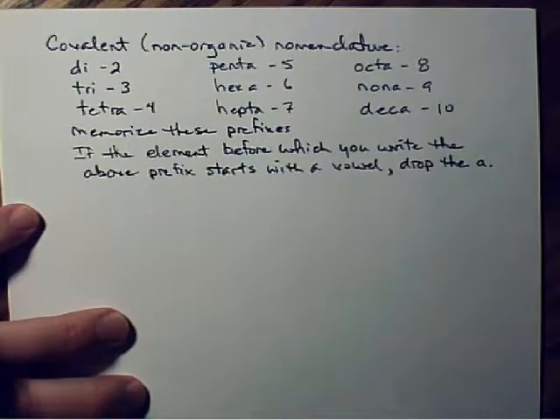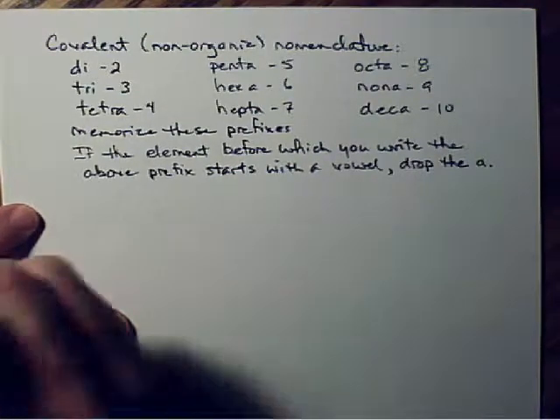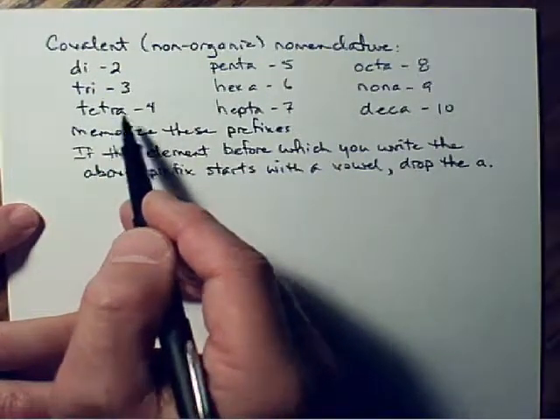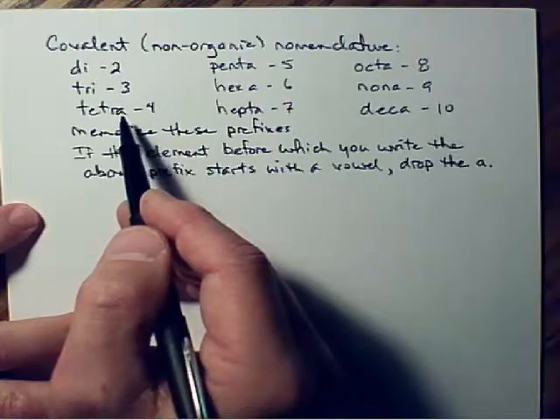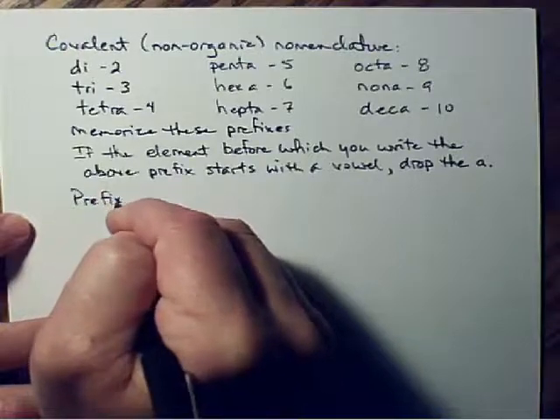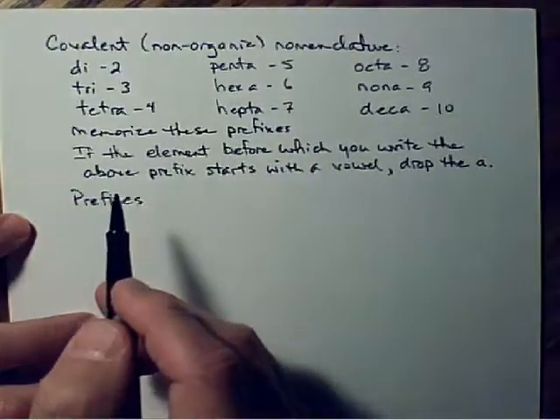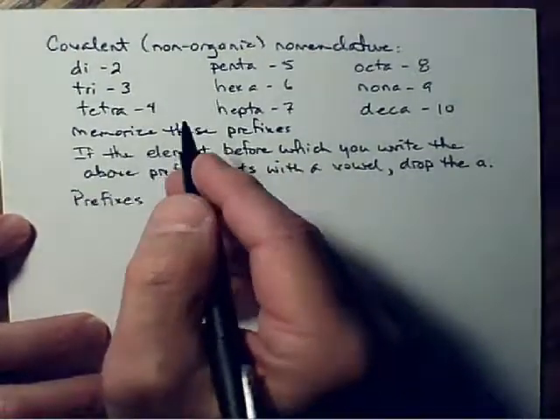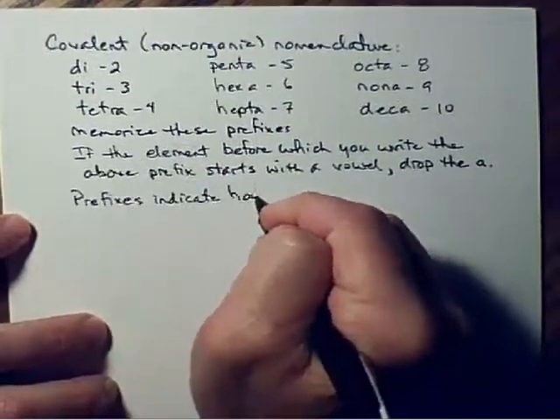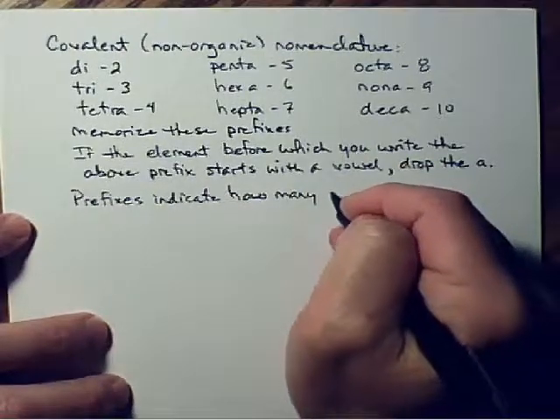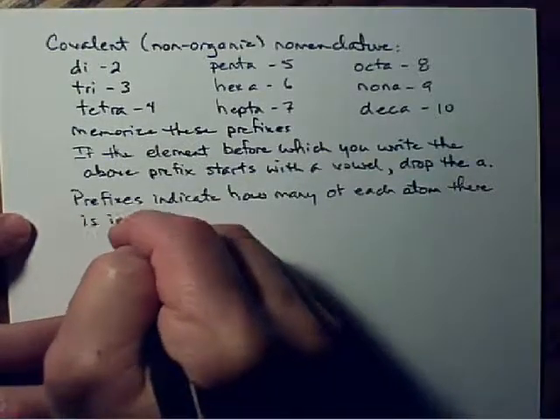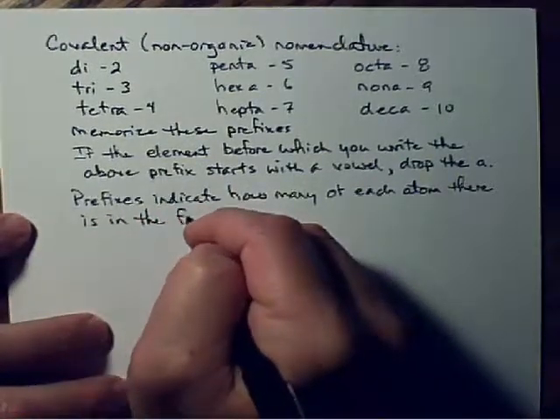So if we have a dioxide, we keep the I, but if it's a tetraoxide, we drop the A. It becomes tetroxide. And these prefixes are only used for covalent compounds. These prefixes indicate how many of each atom there is in the formula.